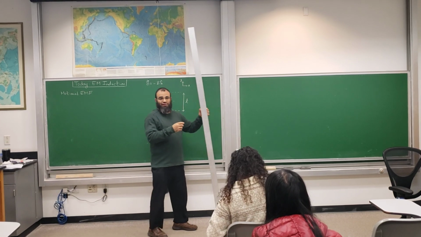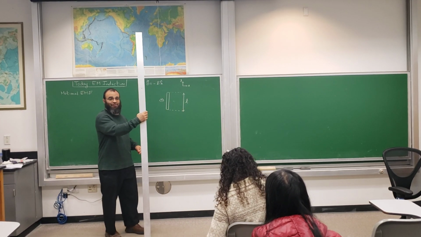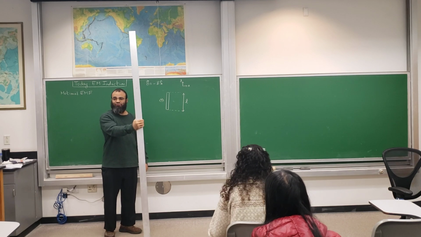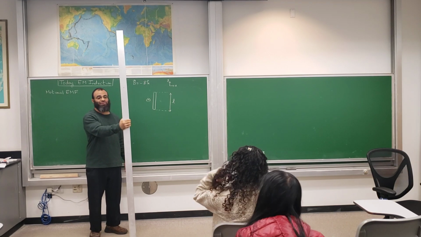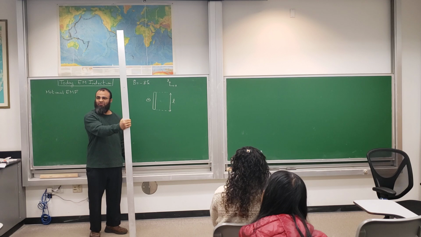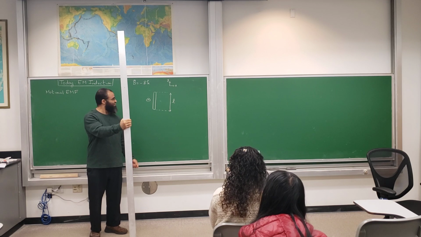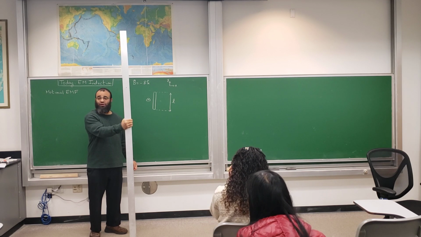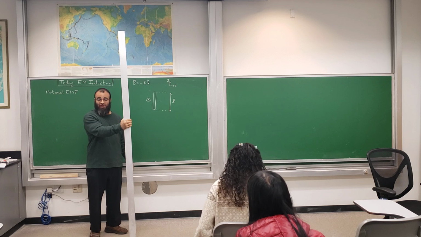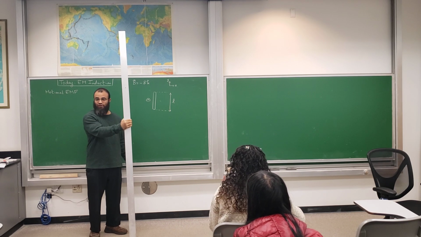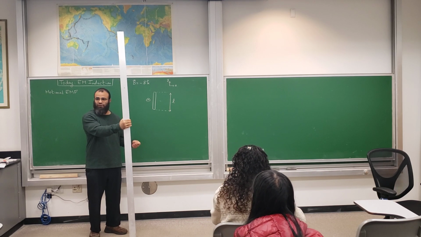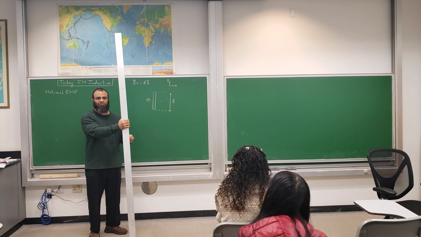So here is the rod. That's the rod, and the rod is not moving. Does anything happen? No. If the charges are not moving, the magnetic force on them is zero, right? Magnetic forces happen if the charges are moving in a certain direction.